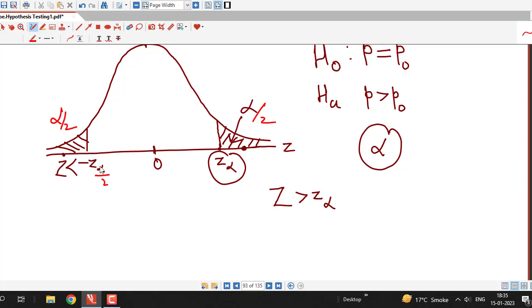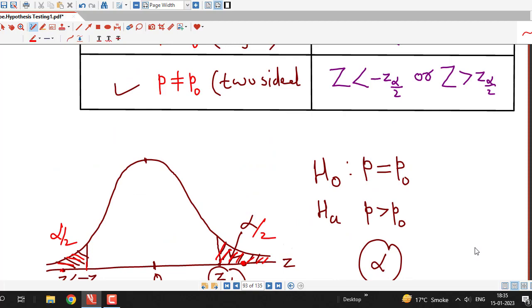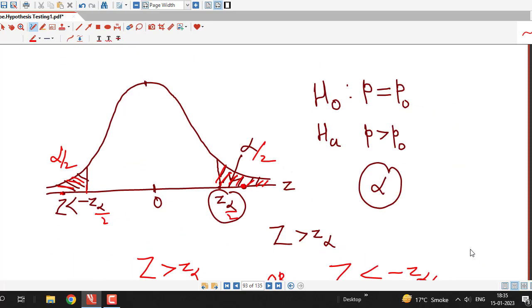So this point is minus Z alpha by 2, this point is Z alpha by 2, and these two regions are rejection regions. So here if Z is to the right of Z alpha by 2, or if Z is to the left of minus Z alpha by 2, then we reject the null hypothesis.